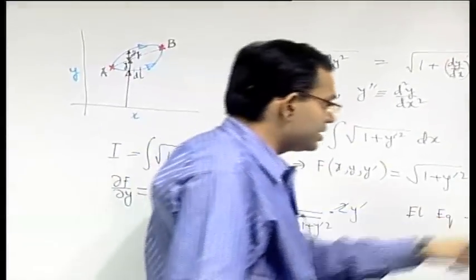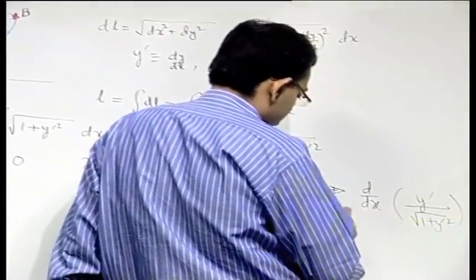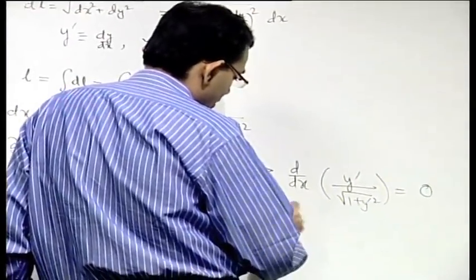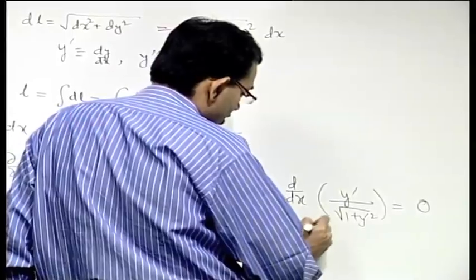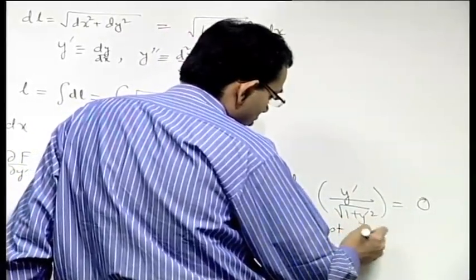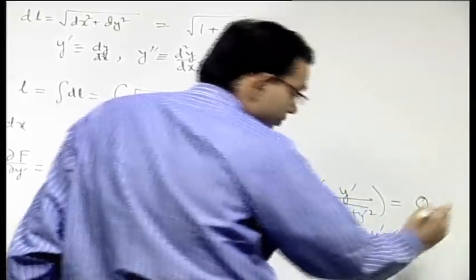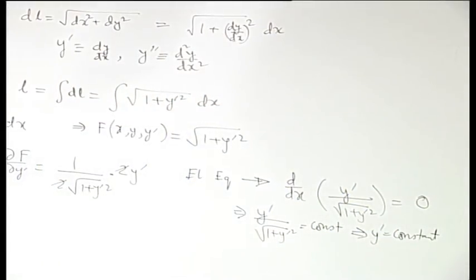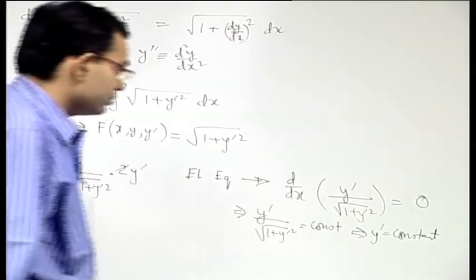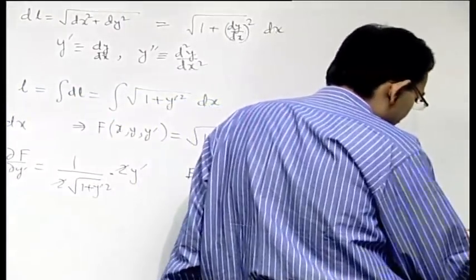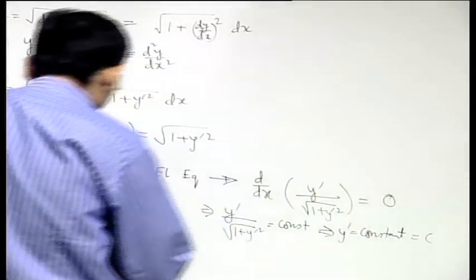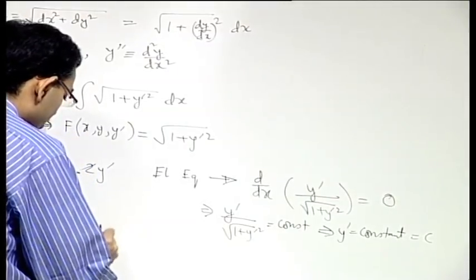So, the second term is 0, that will mean that y prime by square root of 1 plus y prime square is a constant, which implies that y prime is another constant. So, let us say that is C, that means dy dx equal to C. That shows that the path is a straight line, because a straight line is a path for which dy dx is a constant.